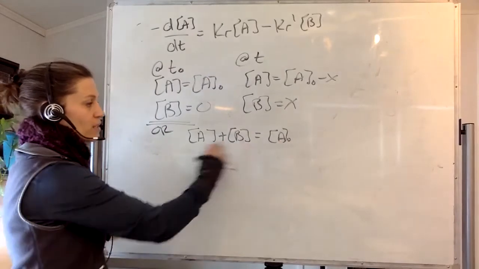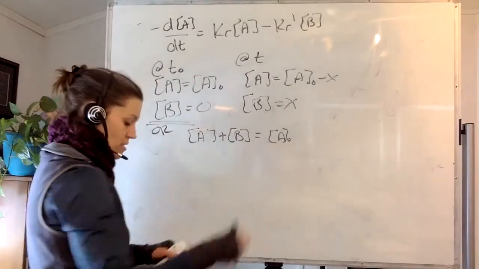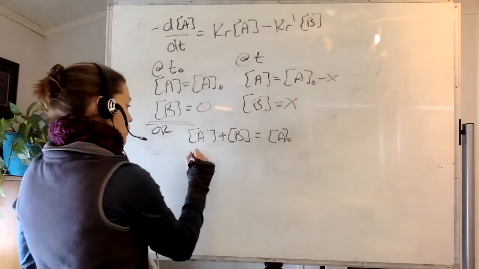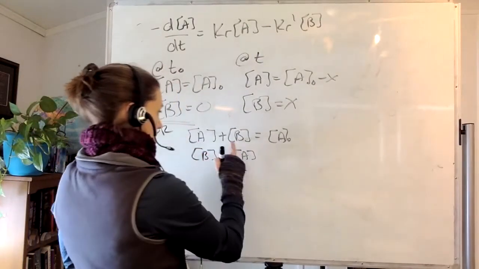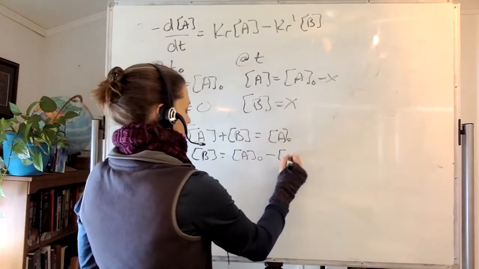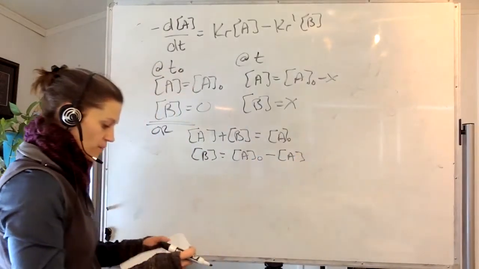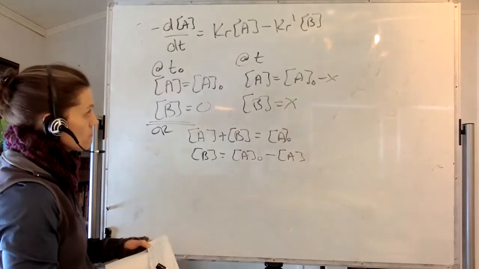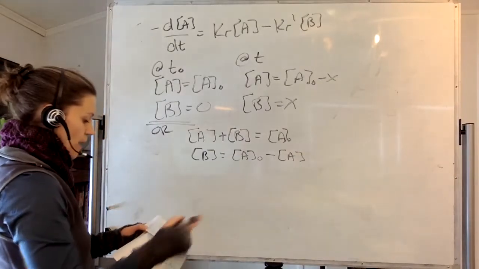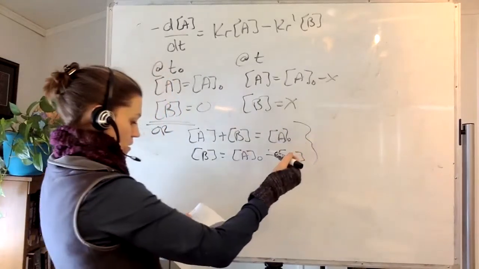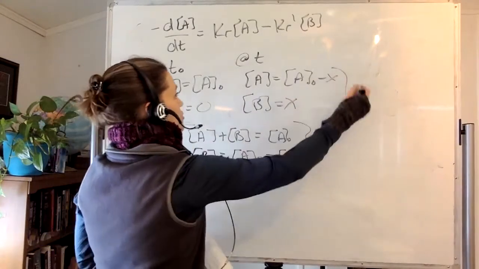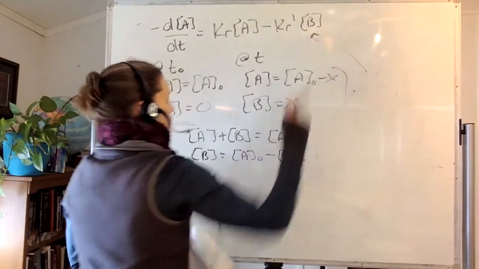Cool. So if you combine those two, you get A0. Or you can then say B is equal to A0 minus the concentration of A at any particular point. Go team. Okay, so let's go back to now incorporating this relationship.